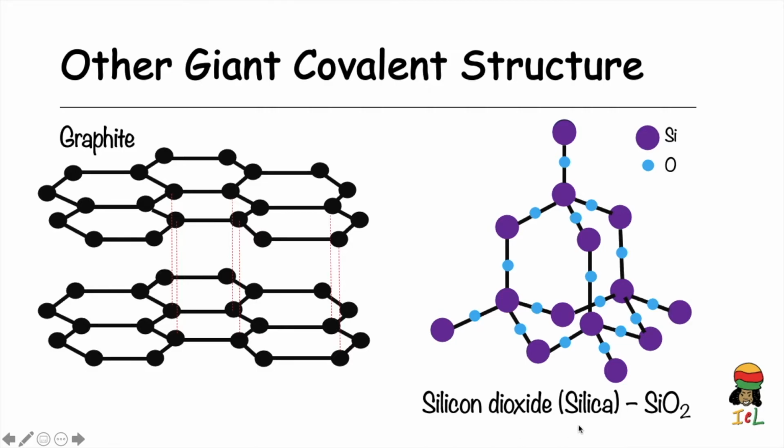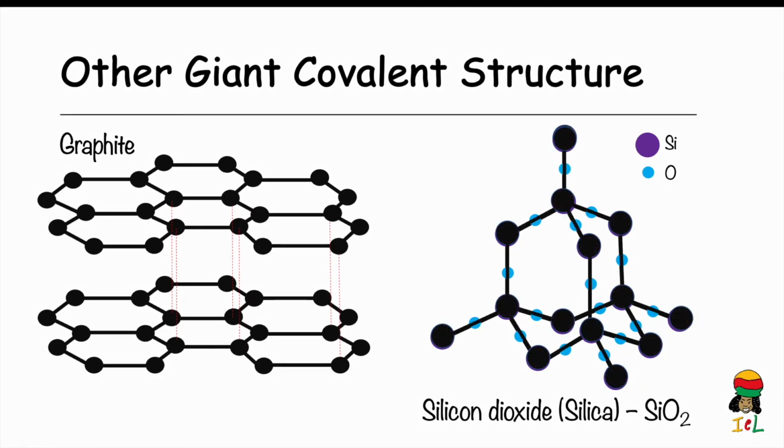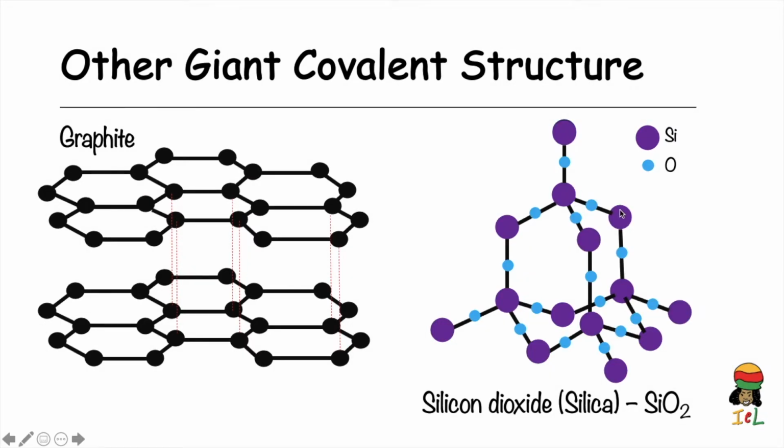Silicon dioxide, also called silica, chemical formula SiO2, is a giant covalent structure that consists of silicon, the purple or violet circle, and oxygen, the blue circle. Notice that the structure of silicon dioxide is very similar to that of diamond, except that between the silicon atoms there is an oxygen atom bonded.